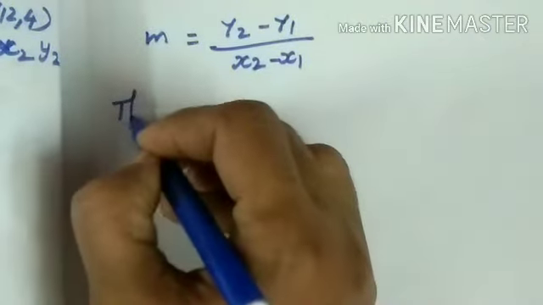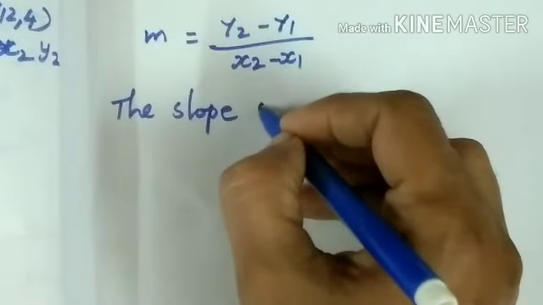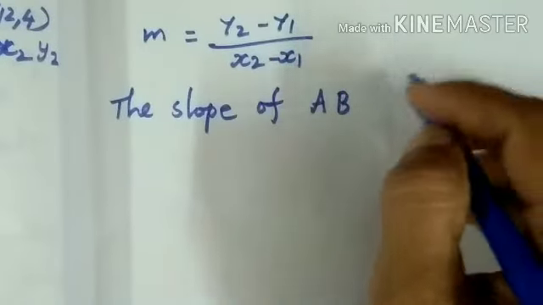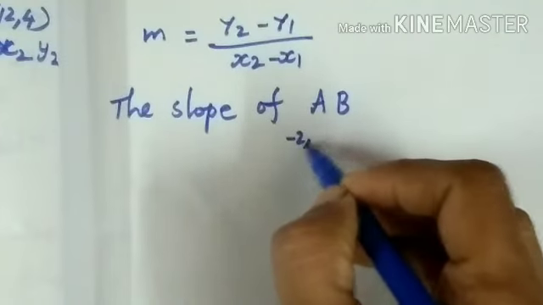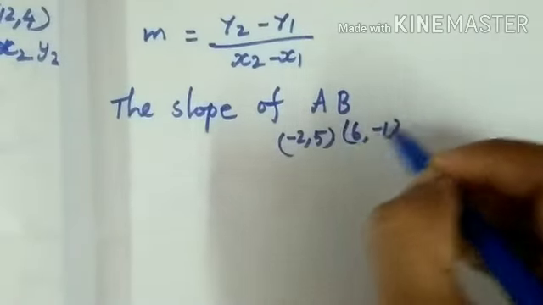Now the slope of the line, the slope of AB. What is the given points? A minus 2 comma 5, B 6 comma minus 1.